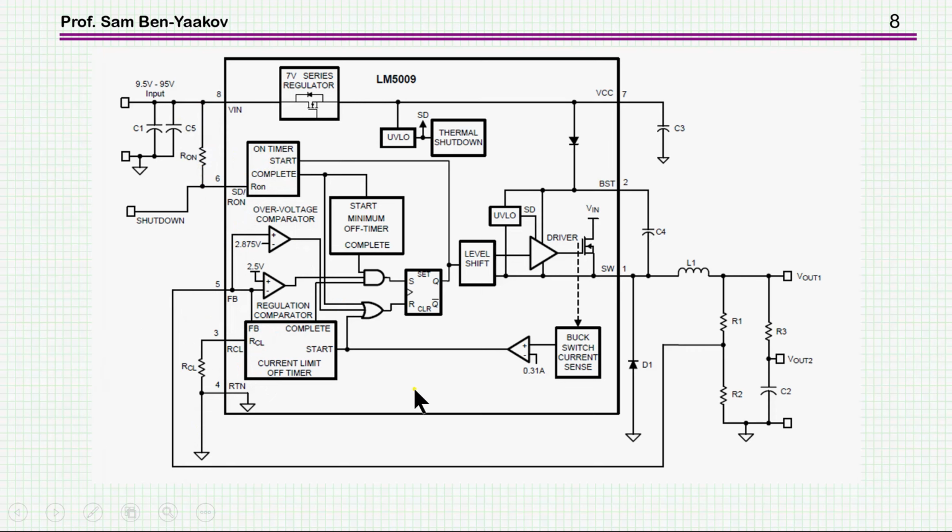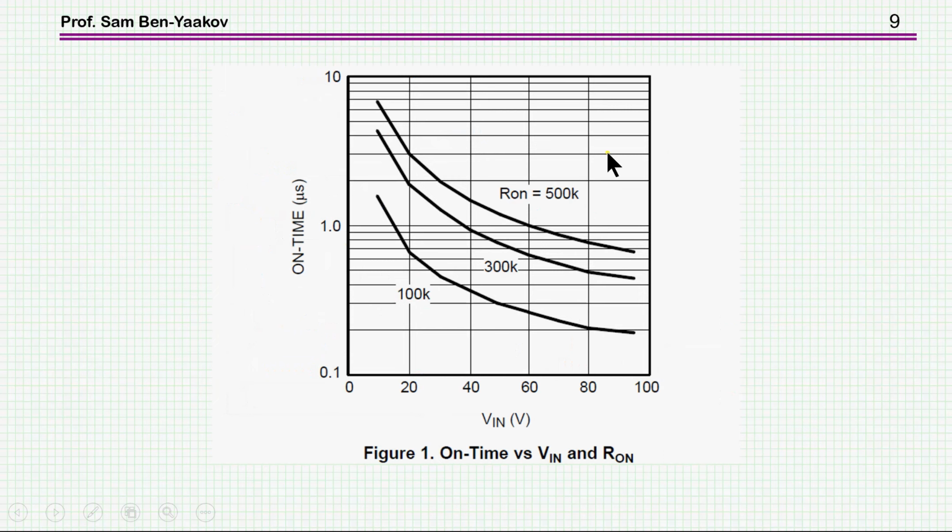And so this is a fairly simple control unit compared to other units that require an amplifier with a given bandwidth and phase compensation, etc. It is a simpler configuration. So here is the data that the vendor is giving for the on time as a function of V in, and also as a function of R on, which is a parameter.